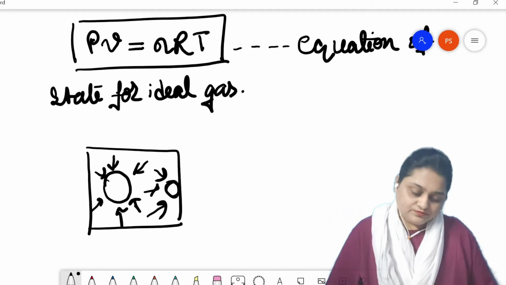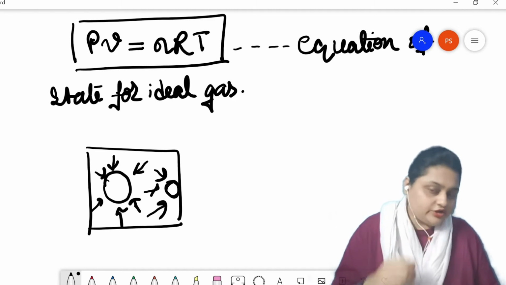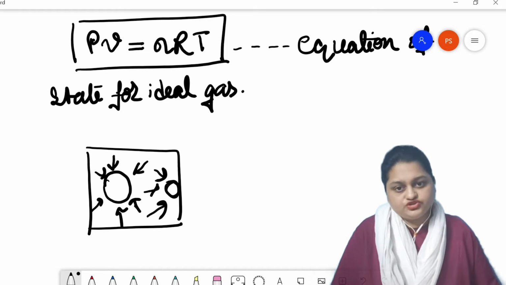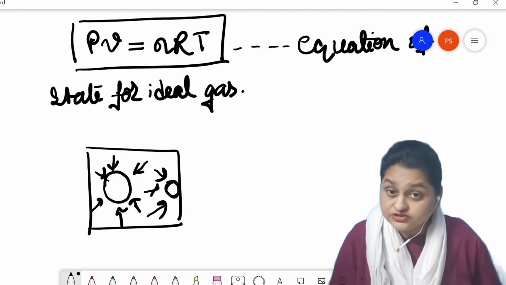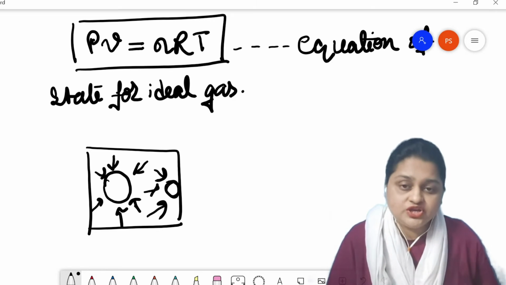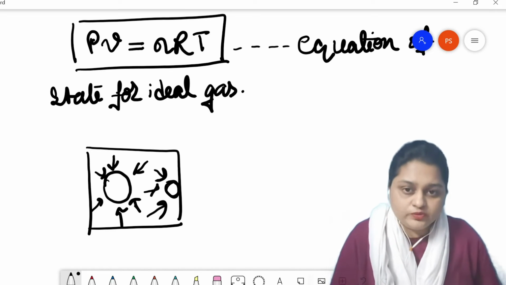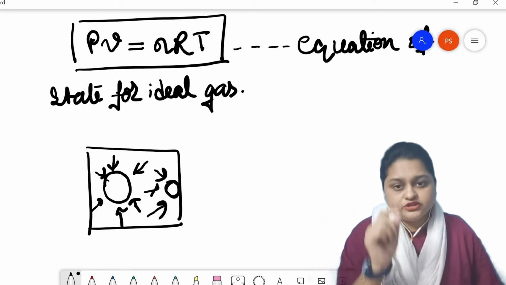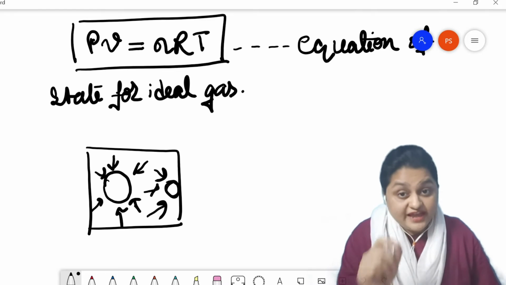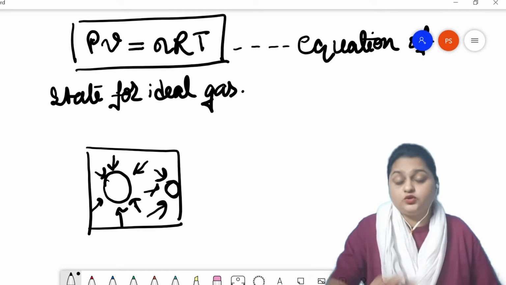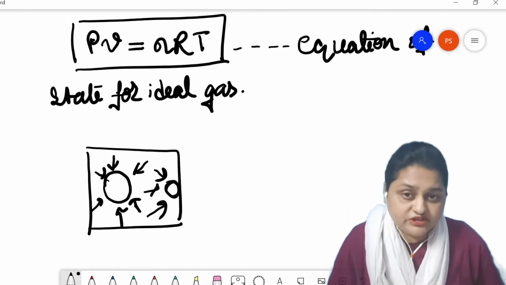Similarly, the volume of the entire gas was assumed to be the entire container's volume, because in the kinetic theory of gas, the volume of the individual constituent gas molecule was considered to be negligible compared to the entire volume of the container.